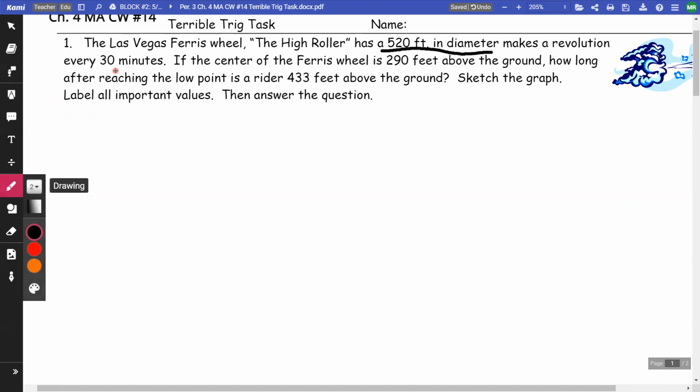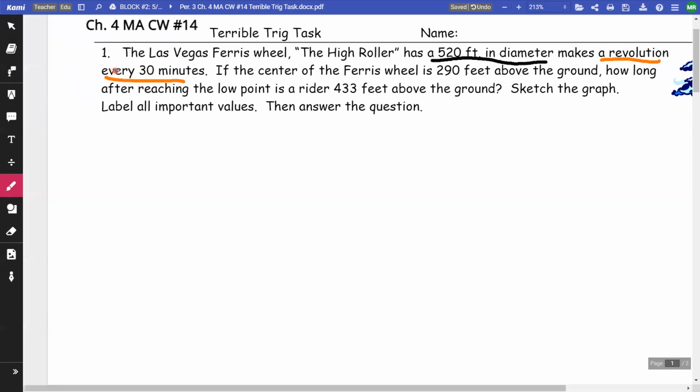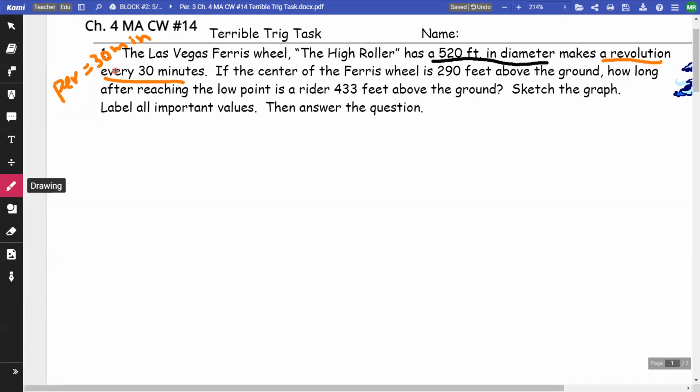So that's going to be important because that means my period is going to equal 30 minutes. Knowing that my diameter is 520, if I take half of this, 260 is going to be my radius or my amplitude.